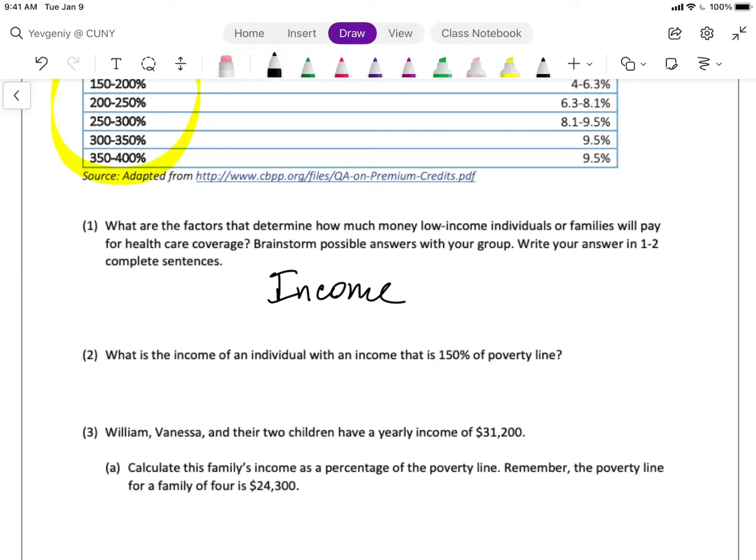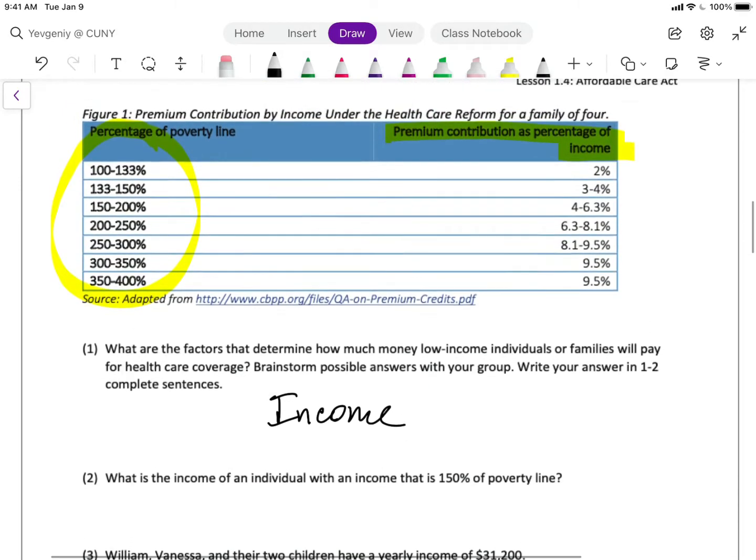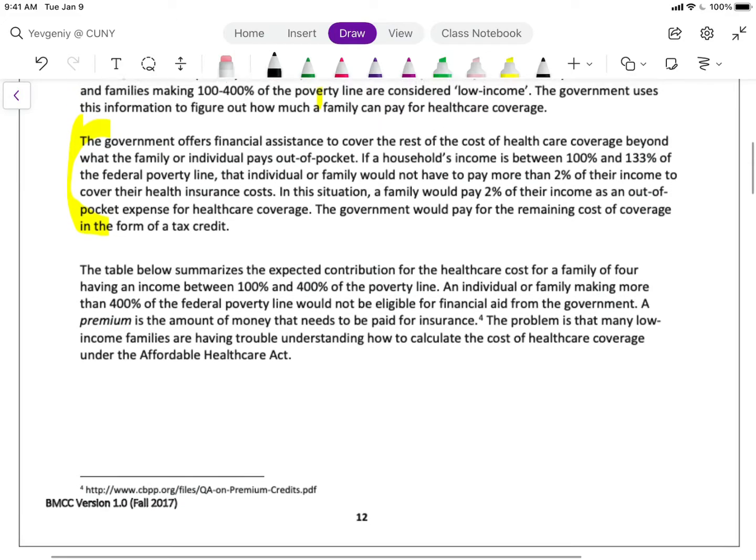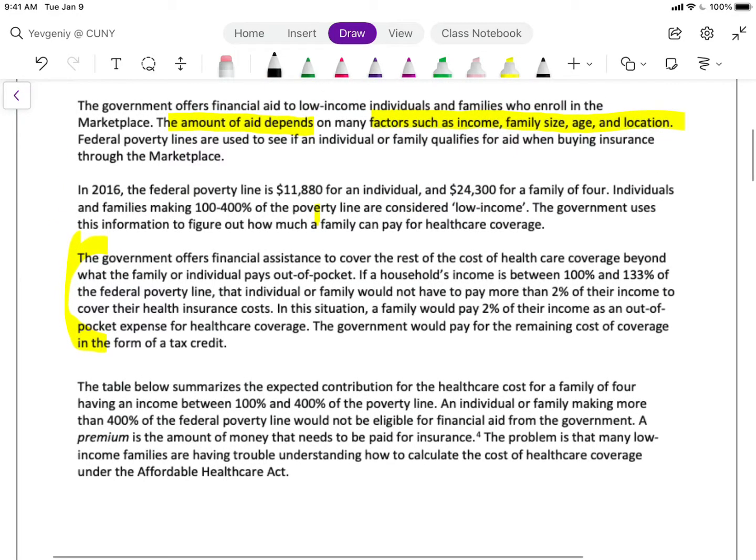Well, first of all, let's find the poverty line for an individual, and we're looking backwards in the year 2016. So what is that number? Can you see it in the passage? The poverty line for an individual? All right, yes, it's in the second paragraph.